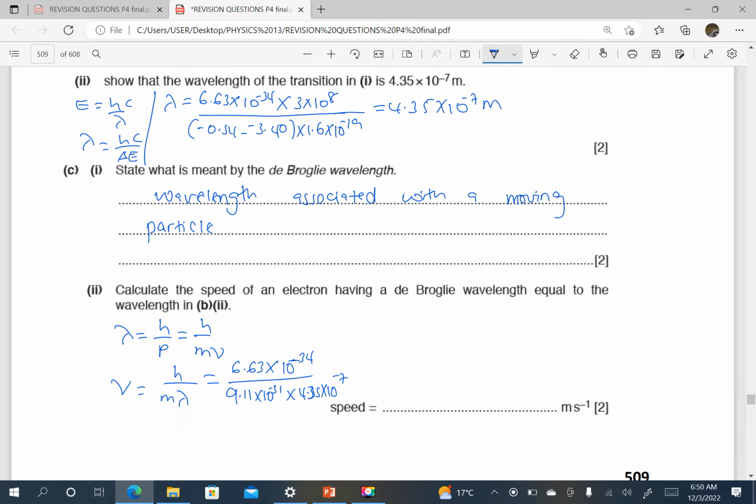So from my calculator, I have 1.67 times 10 power 3 meters per second.